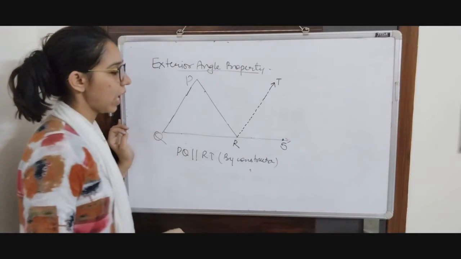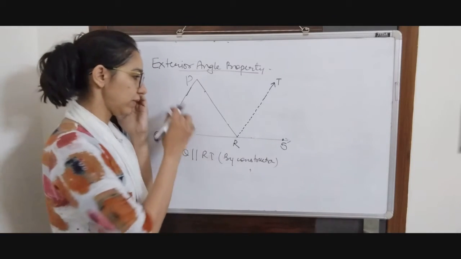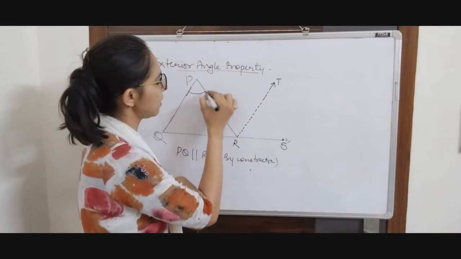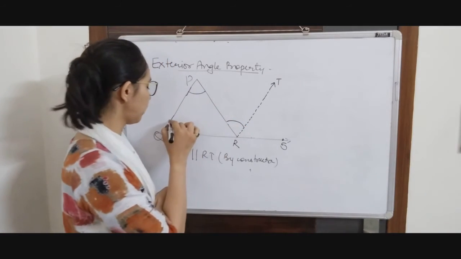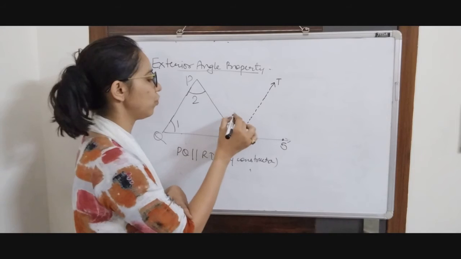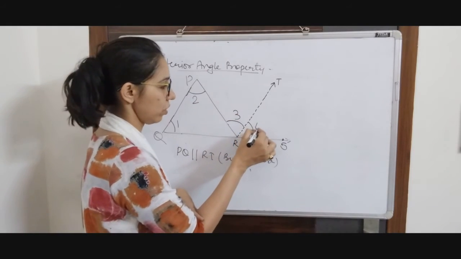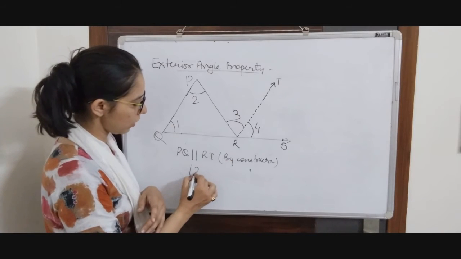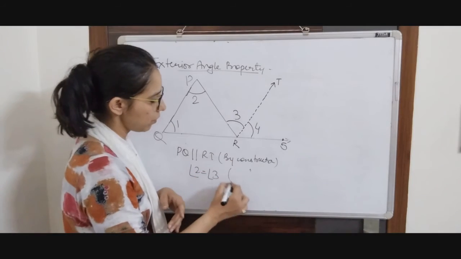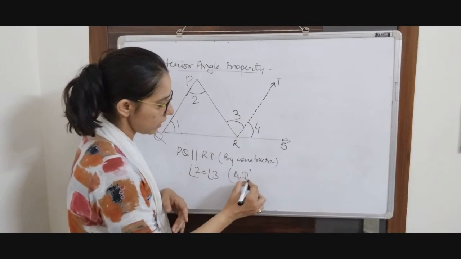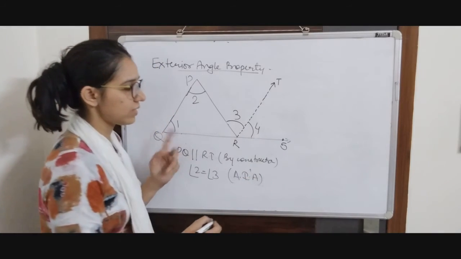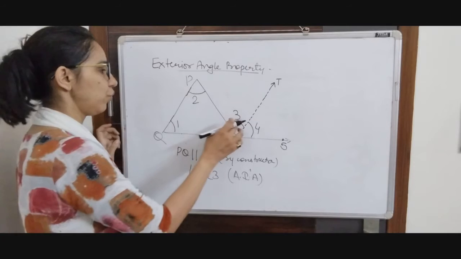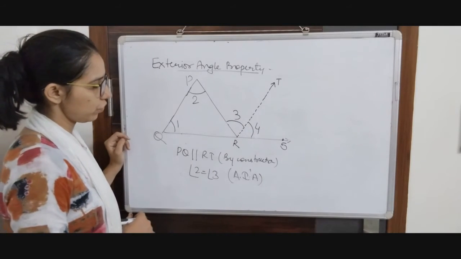Now, if this line is parallel to this, then this angle is going to be equal to this. Suppose this angle is 1, this angle is 2, this angle is 3 and this angle is 4. So angle 2 is going to be equal to 3. Why? Because alternate interior angles are equal if lines are parallel and they are joined by a transversal.